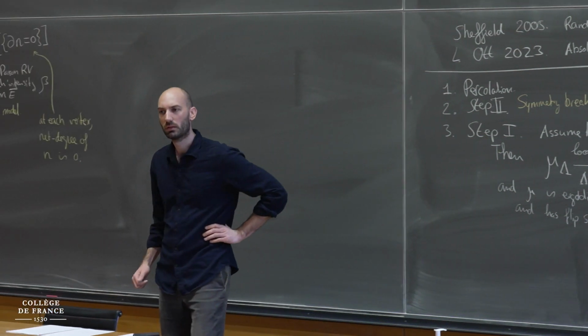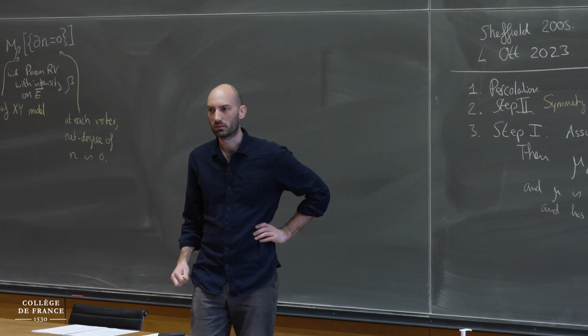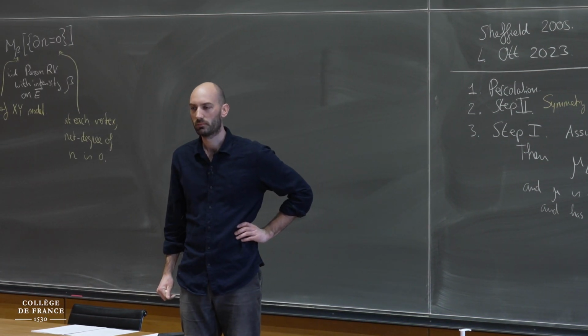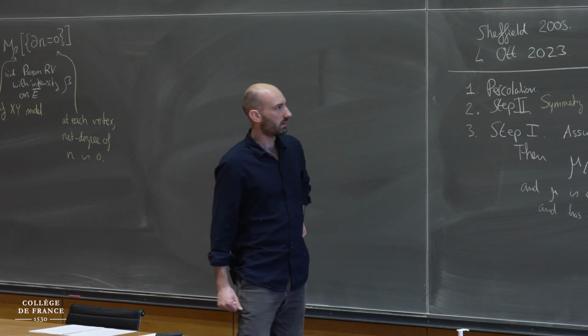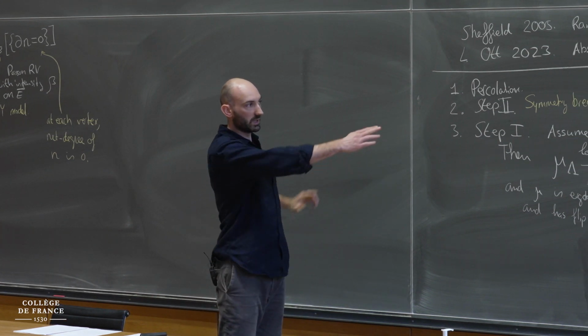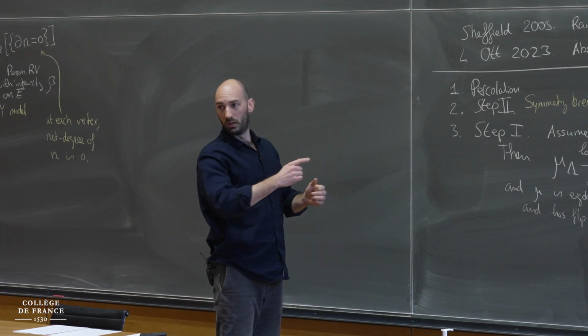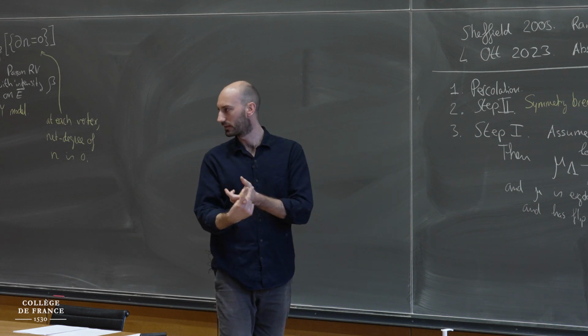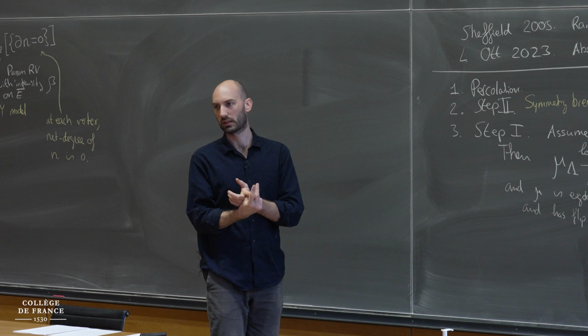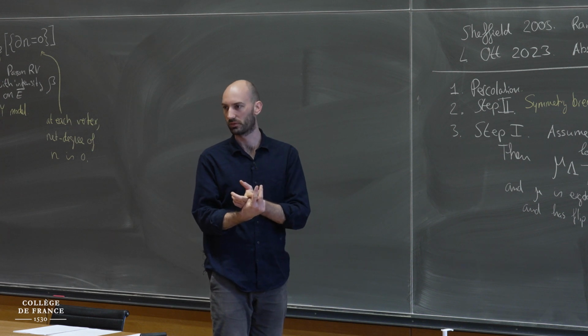Question: I was wondering about the measure that you introduced. Is it obvious that it's the same as the one you're considering with the Poisson? Yes, that's a very good question. Of course, there are two differences between the two models. The first is the graph, because it's the hexagonal lattice, and secondly, the potential is not exactly the same. It's a slightly different potential.